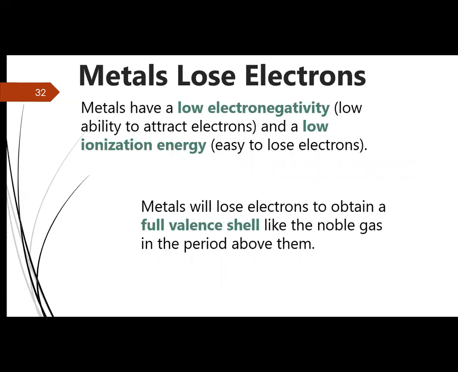So metals lose electrons. Their goal is to get rid of these electrons until they can become stable. What we mean by stable is that they have a full valence shell of electrons. We'll get into that a little bit later when we do our electron configurations, but just understand that these metals are basically trying to give away electrons until they can become more stable.